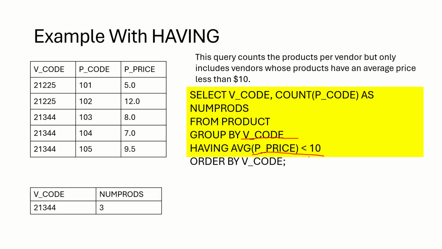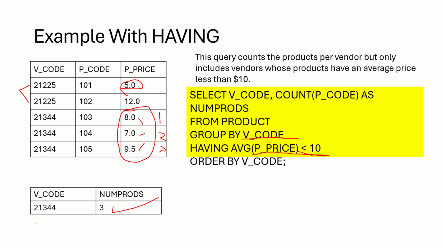We need to make sure how many of them have a price less than 10. For this one, you can see 1, 2, 3, three of them are less than 10, so we count 3 and return this. For the same thing, for 1, 2, 2, 5, how many of them are less than 10?